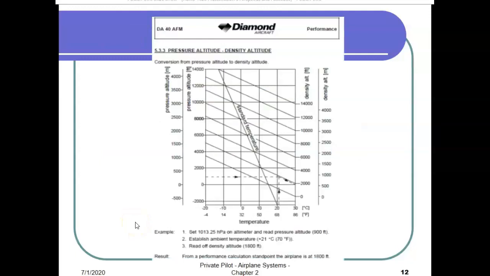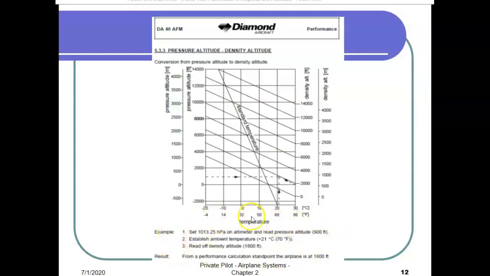Now here's a picture of the density altitude conversion chart from the Diamond DA-40's Pilot Operating Handbook. And the great thing about these charts is they usually include an example to help you learn how to use the chart. And that's indicated below the chart here.